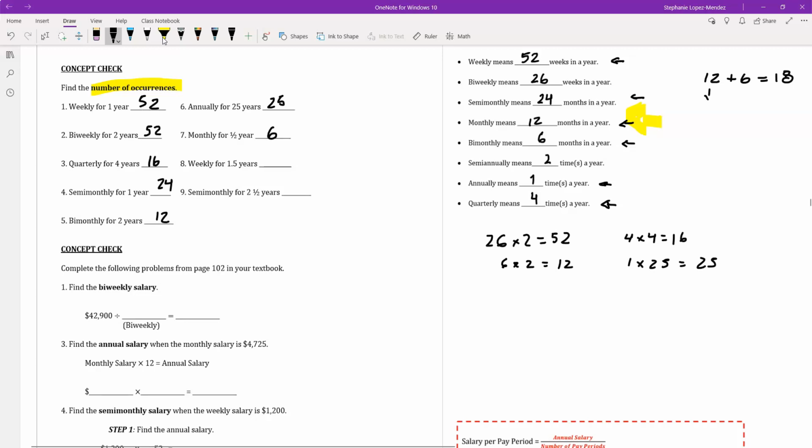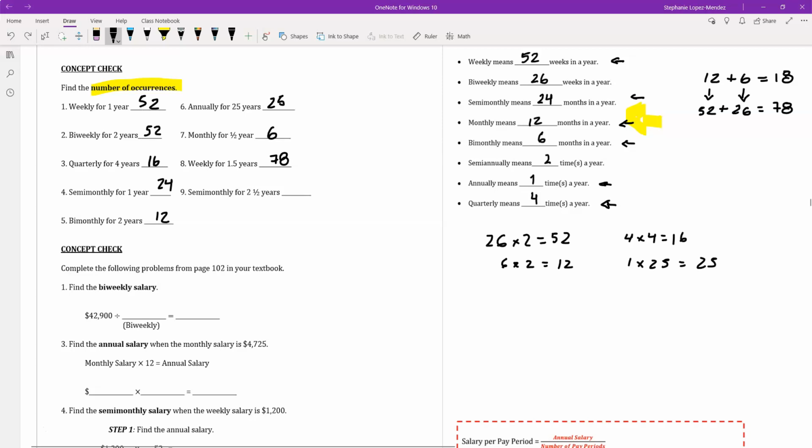So for my first year, I'm getting paid 52 weeks. And for my second year, I'm only getting paid half of 52, which is 26. Now I just add both of them, and I have 78. So you will have 78 pay periods.